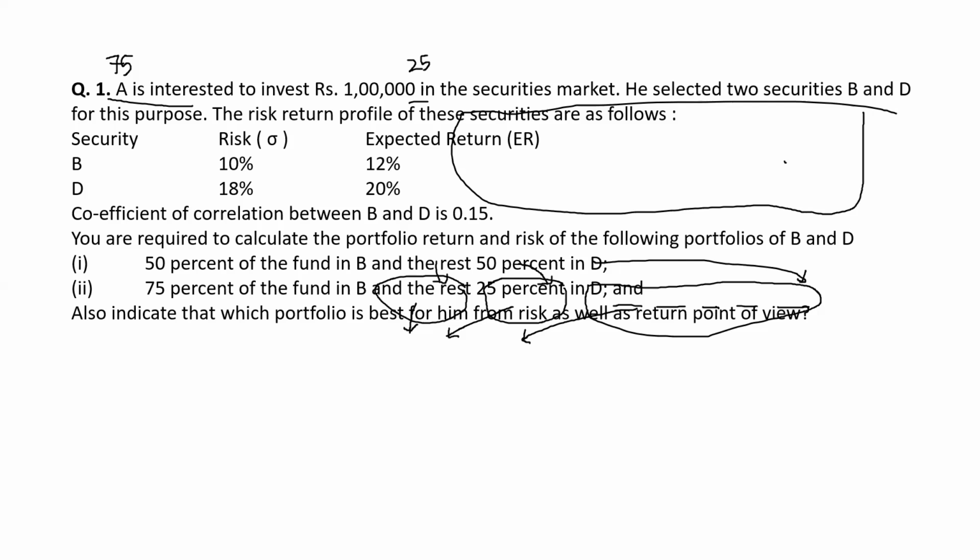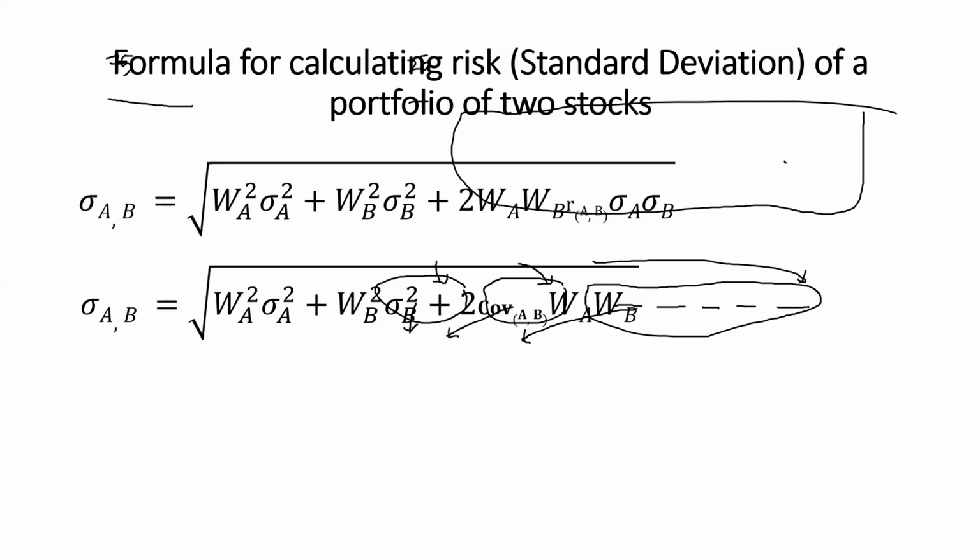Okay, and suppose such a question comes, then what will be the steps? First you calculate the average return, then you calculate the standard deviation, and then you calculate R, or you can calculate the covariance also, because there is no barrier to using the first or second formula. Then you can calculate the covariance and directly use the second formula, this one.